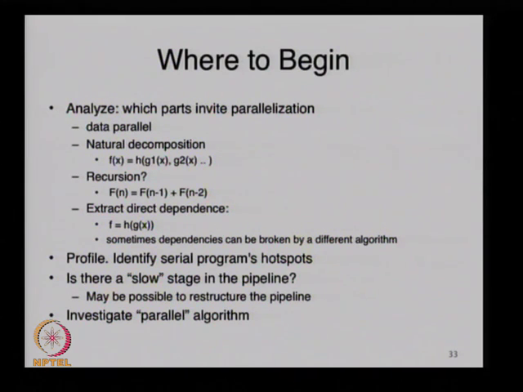So the places to look for would be, are there similar things being done on various pieces of data? Okay, for example, matrix multiplication. You're repeating the same thing to generate each element of the final matrix product. Okay, so that suggests that there are lots of things that are happening in parallel.